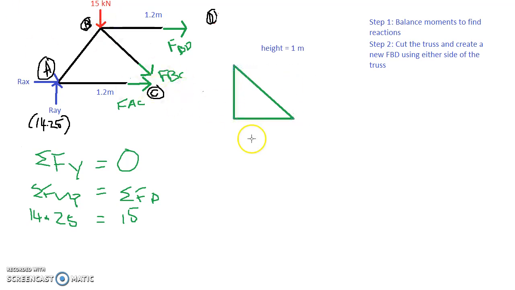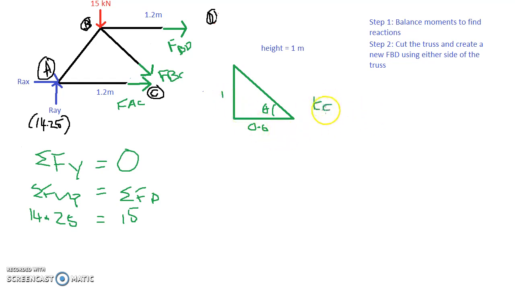So here we go. That's 0.6. That's 1. So let's quickly find the angle there. We'll call that theta. This is going to be a tan problem.